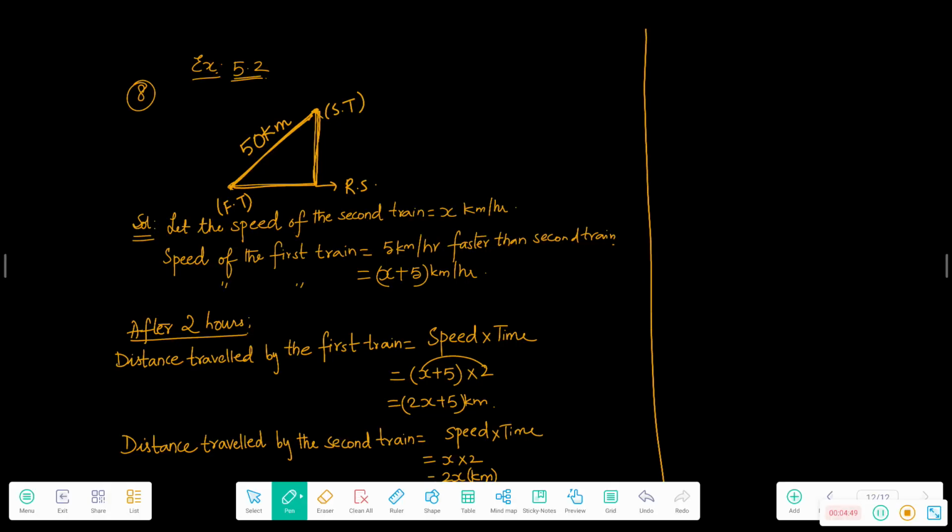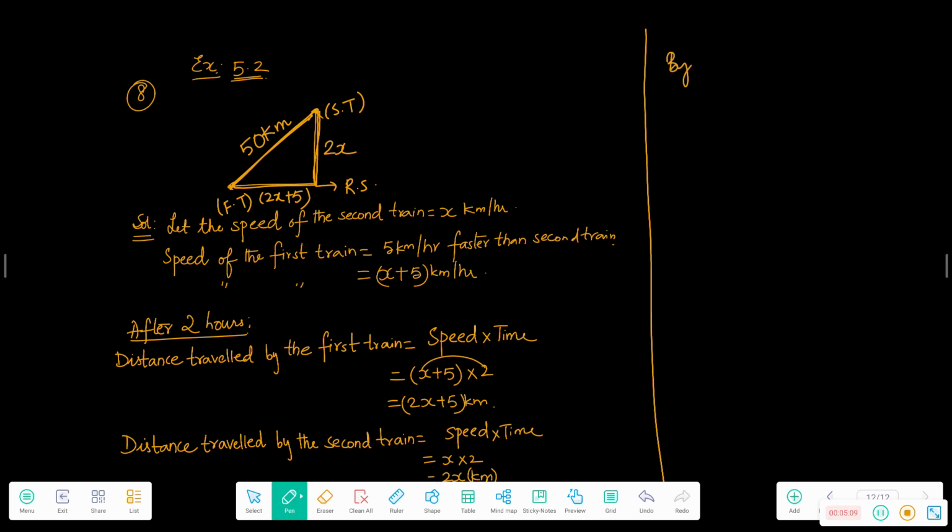So it is forming a right angle triangle. The distance traveled by the first train, which is moving towards the west, is 2 times x plus 5, and the second train, which is moving towards the north, is 2x. So here we get a right angle triangle.